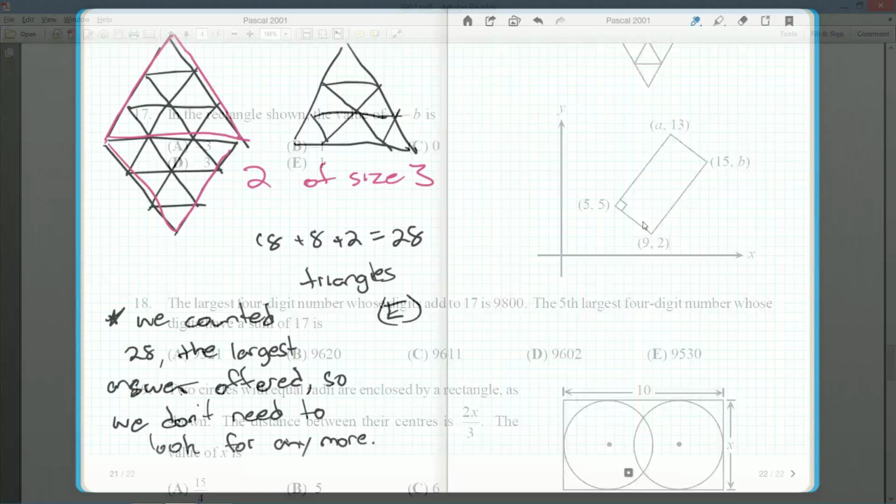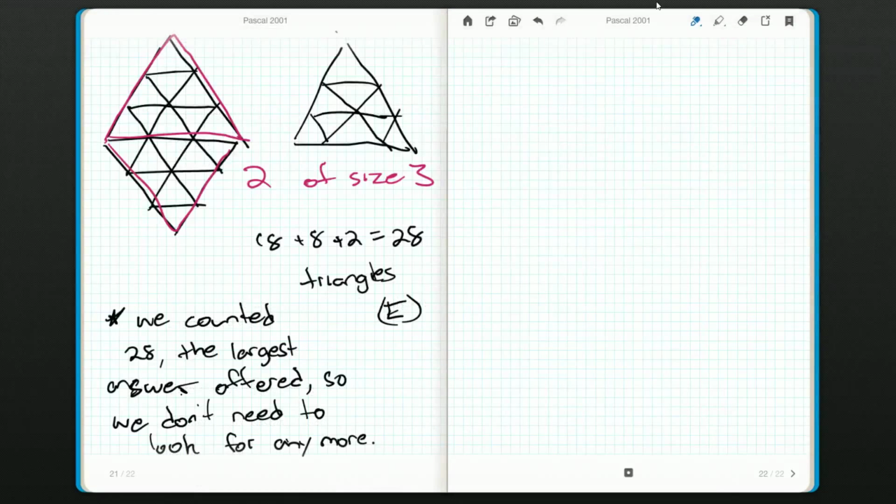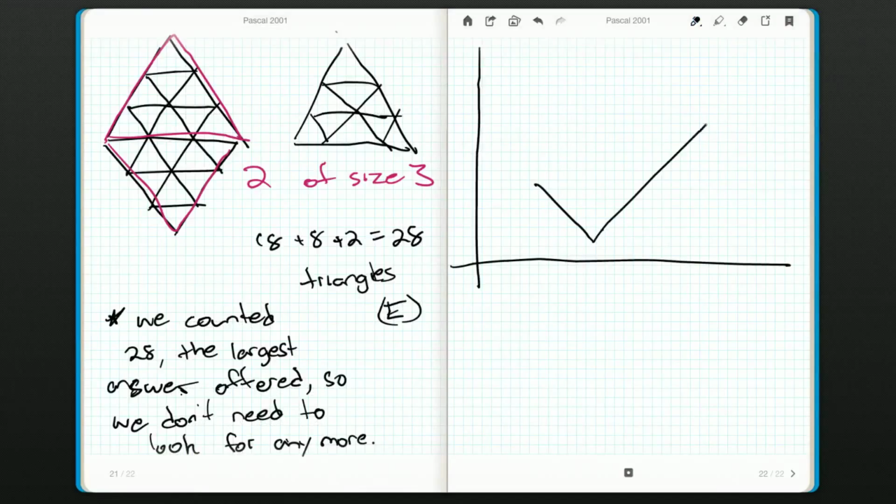So I'll show you what I mean when I draw a picture here. And either way is fine. I think figuring out the slopes of at least 3 lines is just going to take you a little too much time.